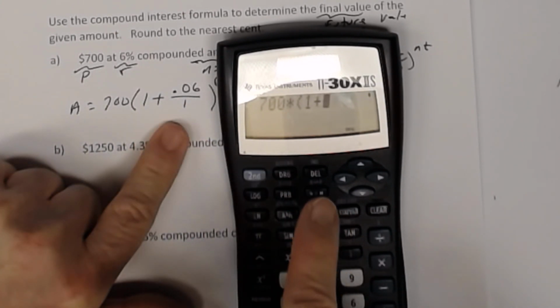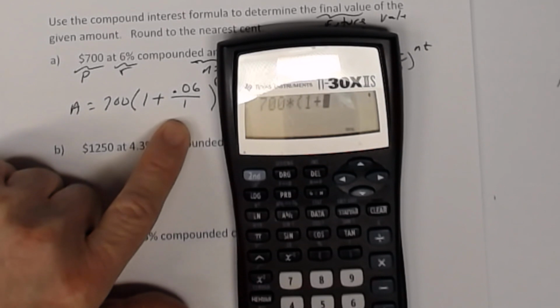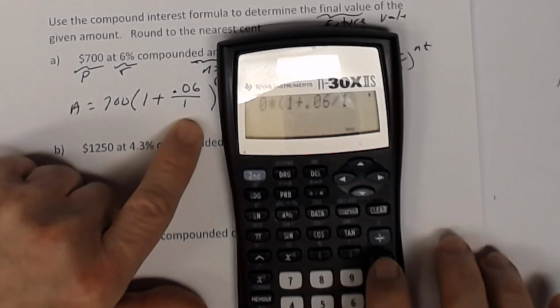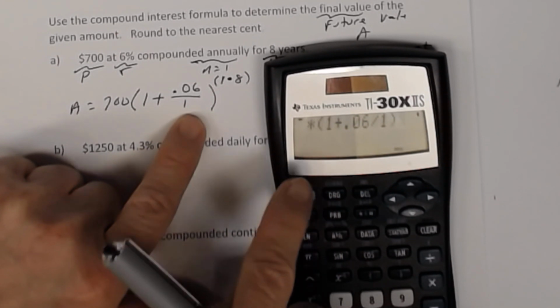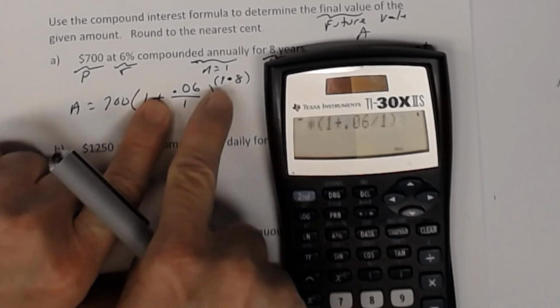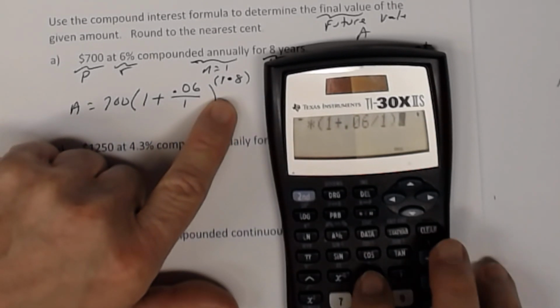So if you just want to say plus 0.06 and then close your parentheses, you can. Many students, just to feel safe, will say 0.06 divided by 1. No big deal. Then you have to raise this to that exponent, and that exponent is a product, so you have to open parentheses.